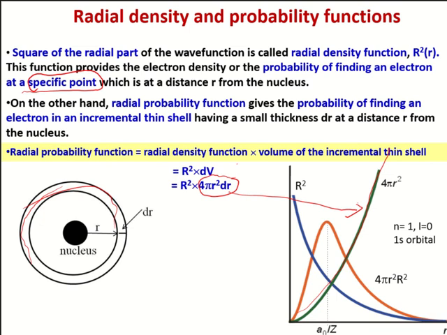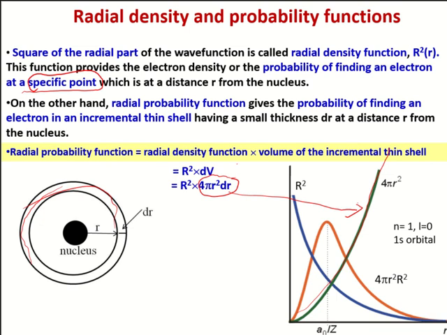Multiply किया तो initially देखिए at the nucleus situation क्या है? The electron density is maximum, but the volume of the thin shell is 0. So multiplication of the two term is 0. So the radial probability function for s orbital is 0 at the nucleus. अब infinity पे चले जाइए, दूसरे छोर पे चले जाइए.